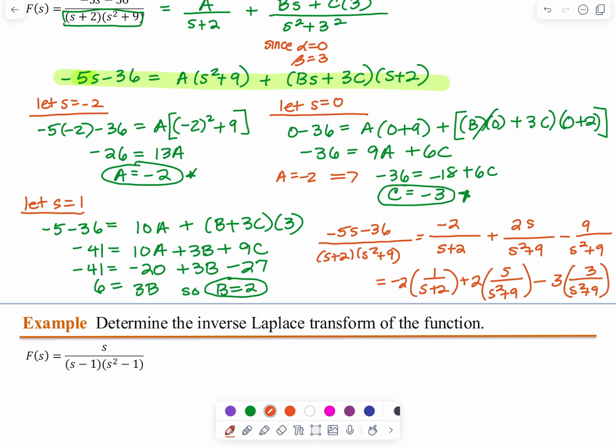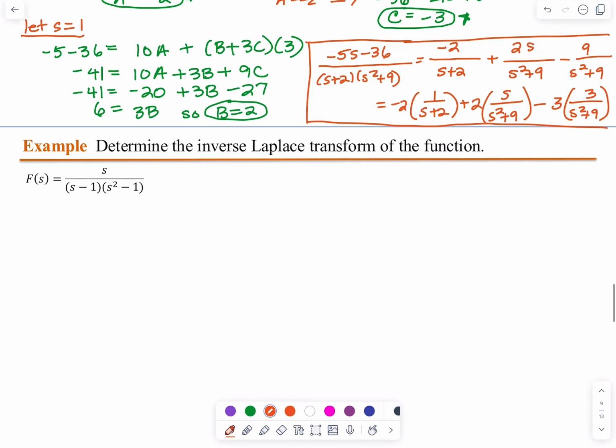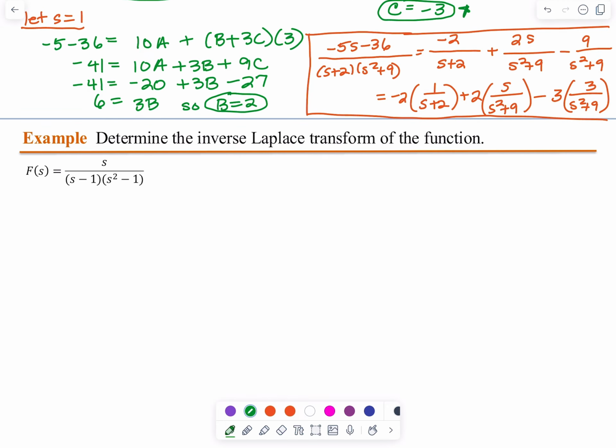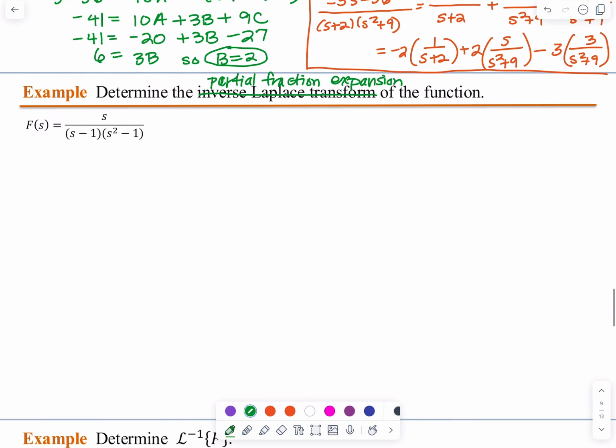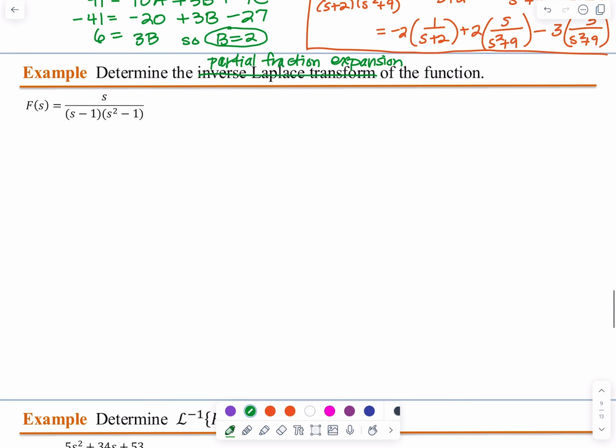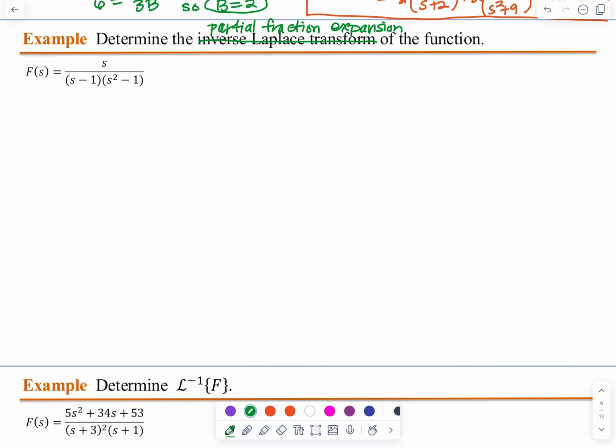Okay, so moving on to the next example, and I will stop doing all of that, and we will just square that off. Now, let's take a look at this next one. Again, we are just looking for the partial fraction expansion. And we have s divided by s minus 1 multiplied by s squared minus 1.